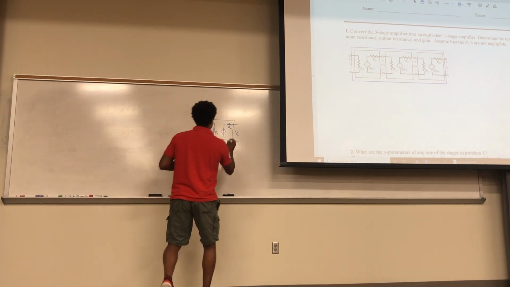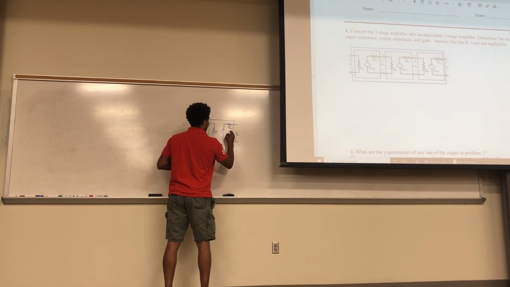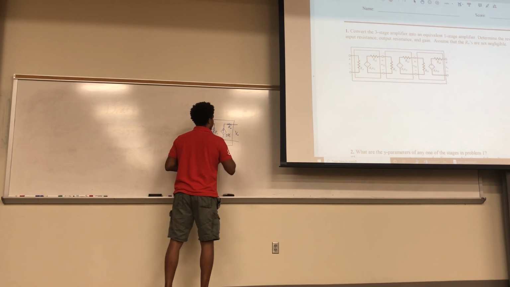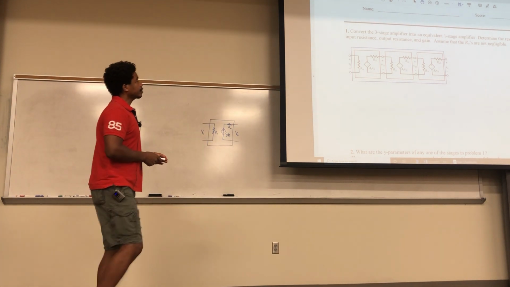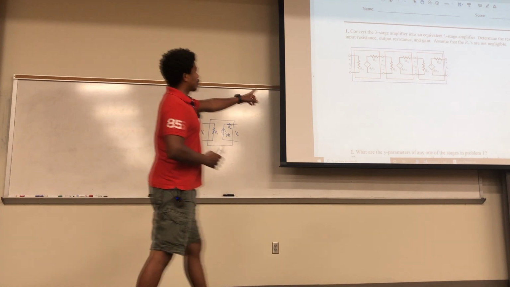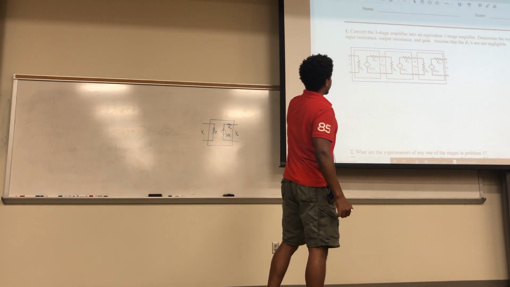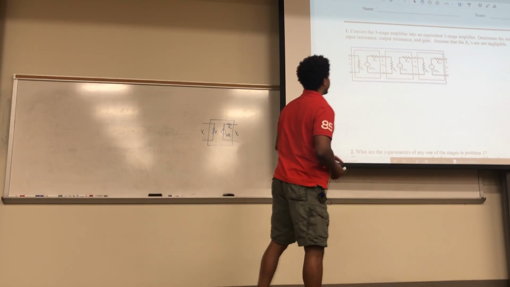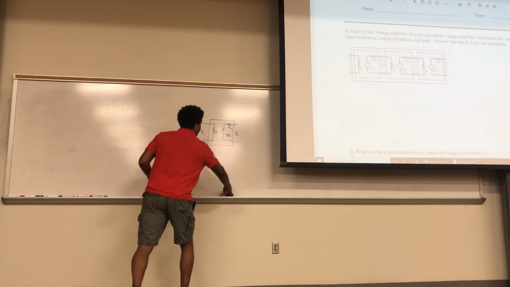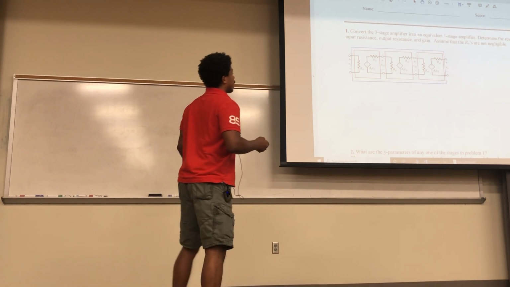Okay, so we want it to convert to be something like that. And we have to determine what this is. So you have some kind of gain here multiplied by your input, like that. Basically, what we'll do is we'll look at all of the gains going through there. So let's start right here.